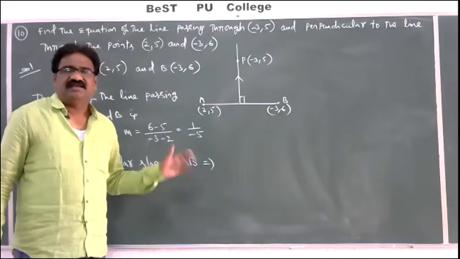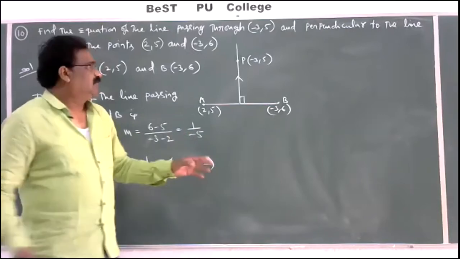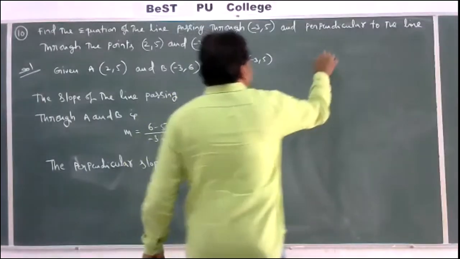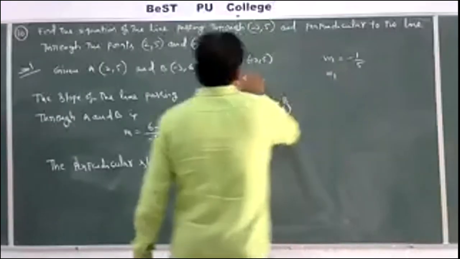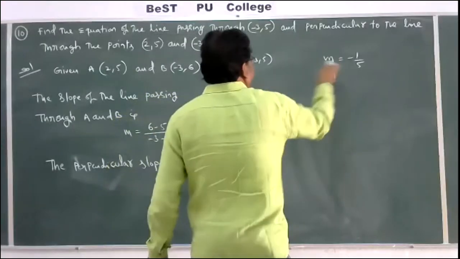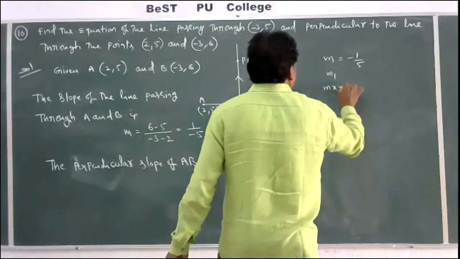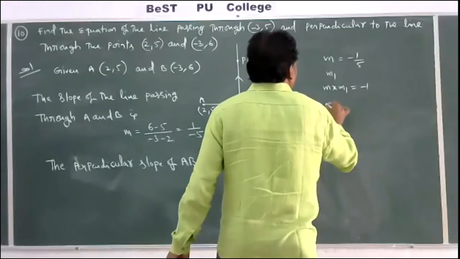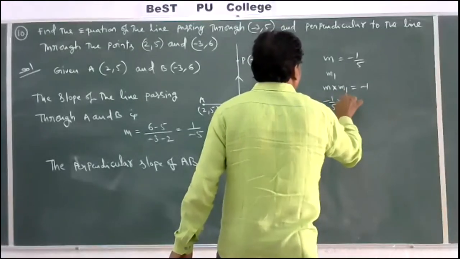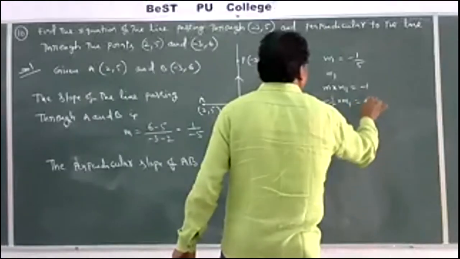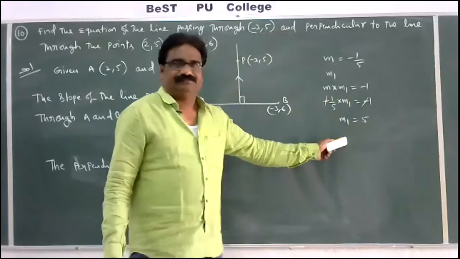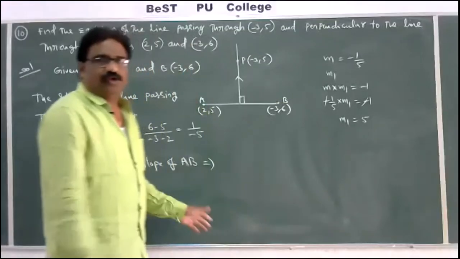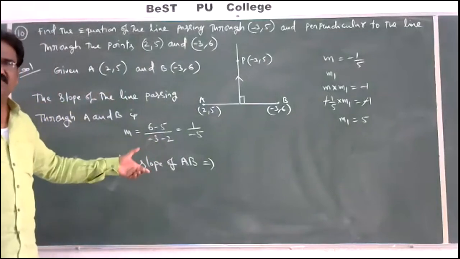Here minus is there, then you put plus. For example, this slope M is minus 1 by 5. Required slope M1. The product of the slopes is minus 1. M into M1 is equal to minus 1. Here M is minus 1 by 5 into M1 is equal to minus 1. Minus minus cancel. M1 is equal to 5. So that's why you always put the reciprocal of the given slope.